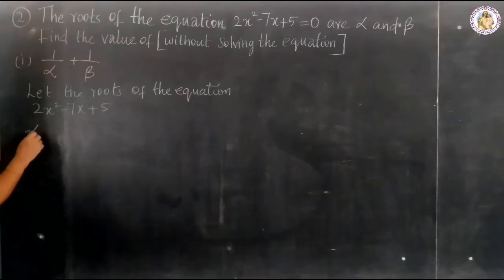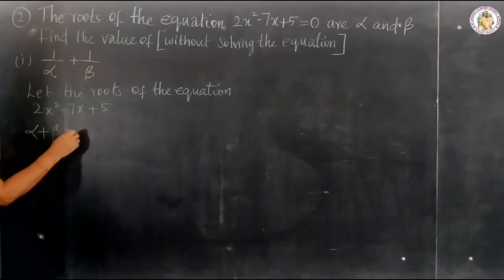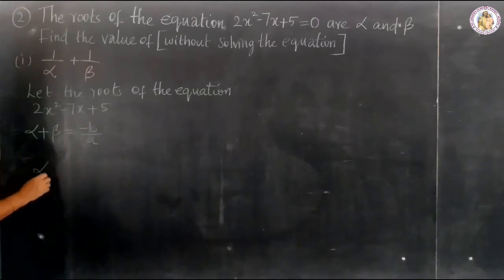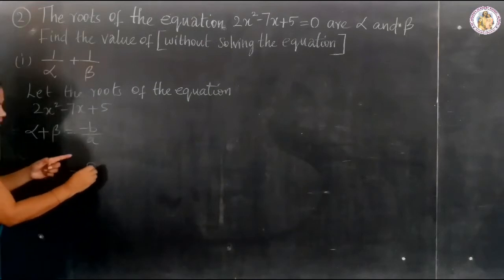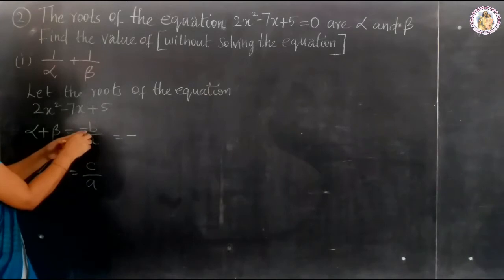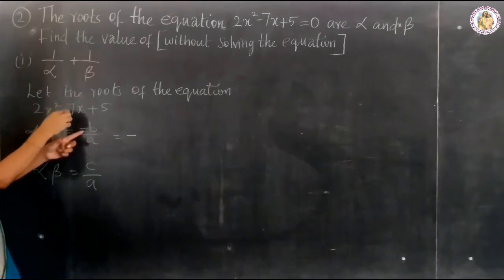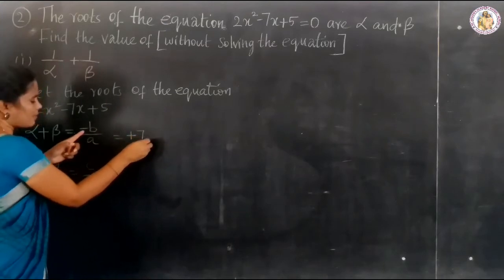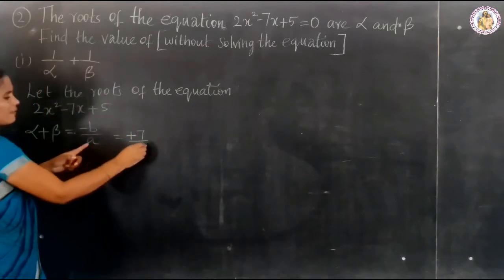Let us find alpha plus beta. Alpha plus beta is equal to minus b by a, and alpha into beta is c by a. Here minus b, so the coefficient of x is minus 7. When it comes here, it becomes plus 7, and a is 2. So 7 by 2.